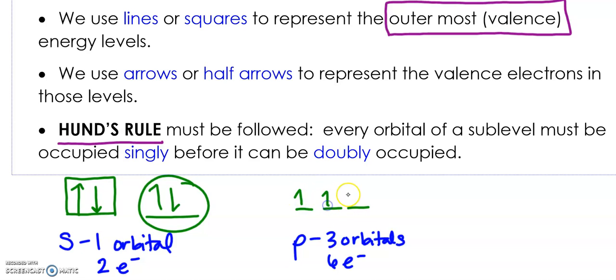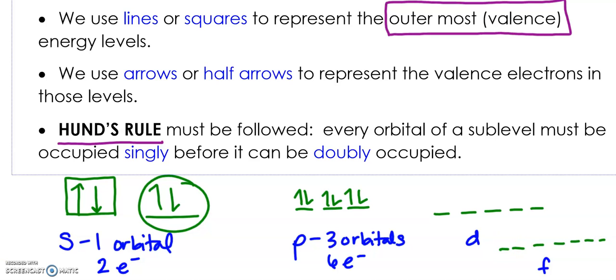My first 3 would go in individual ones. If I had more than 3, then I would start to double up. Okay, so remember that D has 5 orbitals, so that would be 10 total electrons. So D would be 1, 2, 3, 4, 5 lines, and that can be 2 in each. And F would have 7. Ran out of room there.